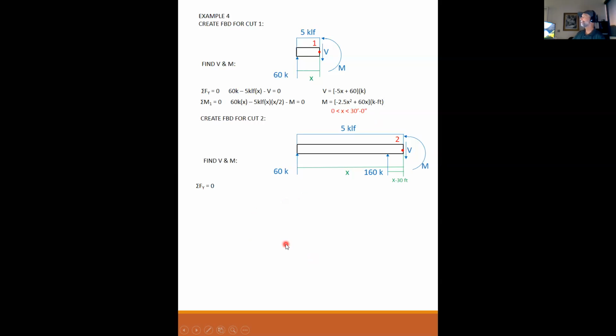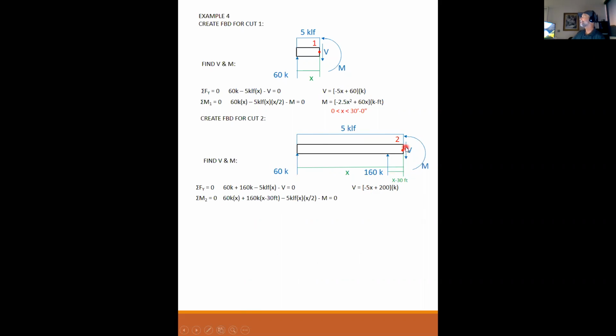Okay, so the pattern. Solve for your forces in the y. I have positive 60, positive 160, minus my 5 kips per lineal foot times x feet, minus V equals 0. So solving this, V is equal to minus 5x plus 200. Uniform load produced a linear shear.